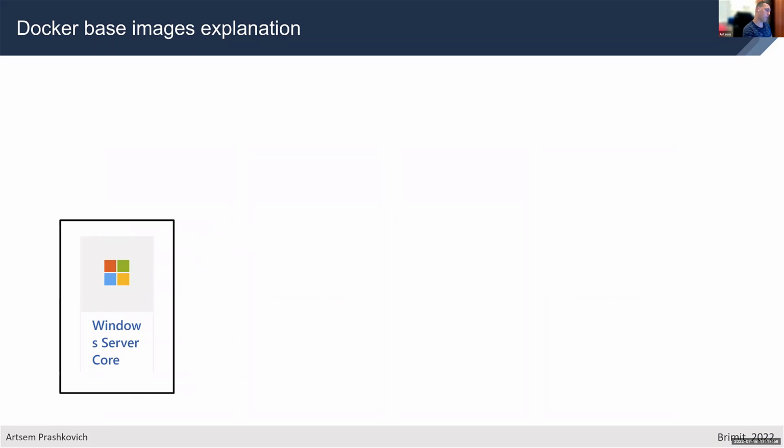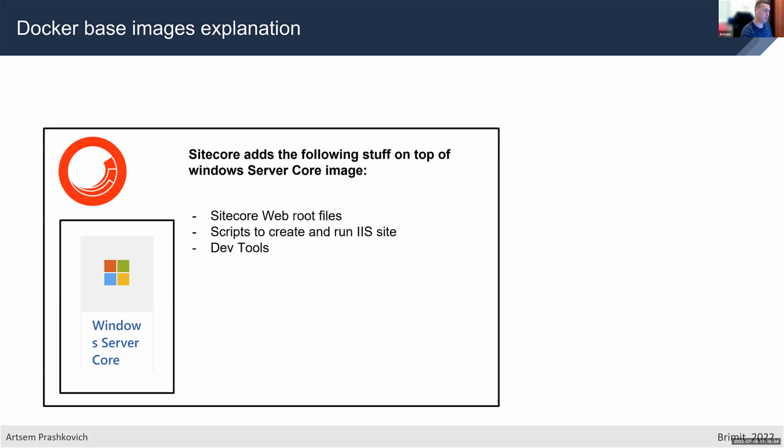So let's look a bit in detail. On top of our Sitecore images, we have Windows Server Core. Then we have Sitecore, which adds the Sitecore web root files to your image. Sitecore adds some scripts that create and run IIS on your image, and it also adds some dev tools, which are utilized, for example, for config transformations.